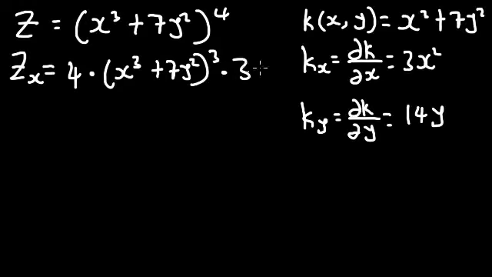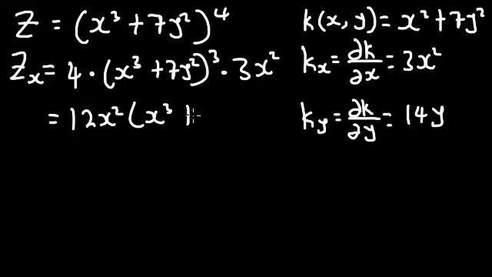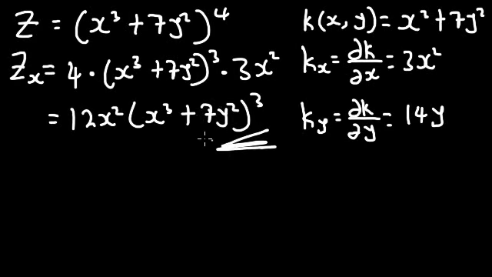Now simplifying this to a least form, we have the product of 4 and 3x squared to be 12x squared. And we have this to be multiplied by x cubed plus 7y squared all to the power of 3. And that gives us our final answer to z sub x.